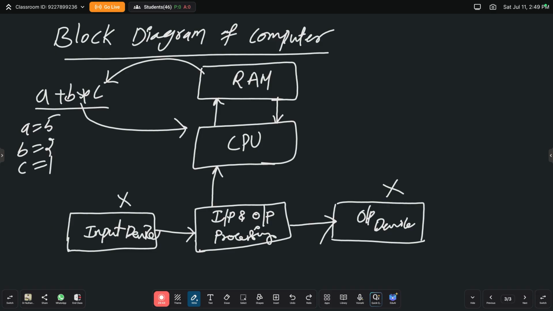Are you clear? This process will be continued. Once it is finished, the data comes back to input output processing. From there, output will be produced to the end user. Got it? Clear? So this is a block diagram of a computer. Any computer you can take. This is the structure for processing of your data.